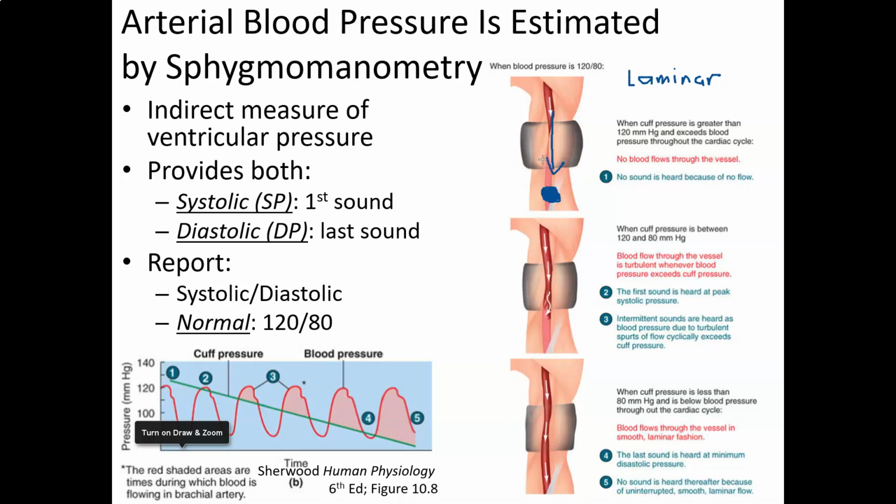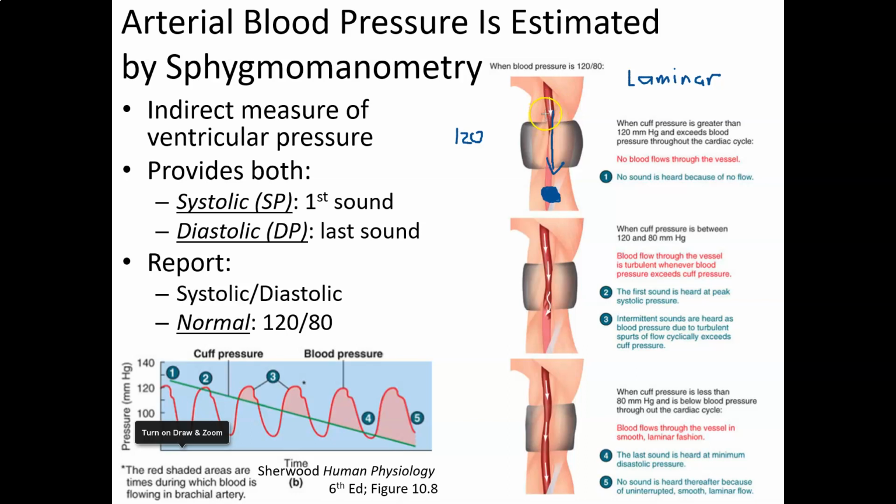Then we start with our pressure, as I said before, at about 150, and we slowly let out the pressure of the cuff on the bulb, 2 to 4 millimeters per second. So not excessively fast and certainly not excessively slow. Eventually, when we get down to about 120, the cuff pressure and the pressure during systole of the artery are equal.